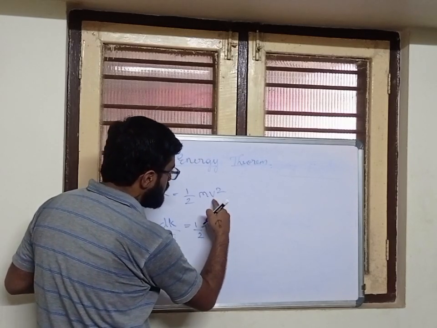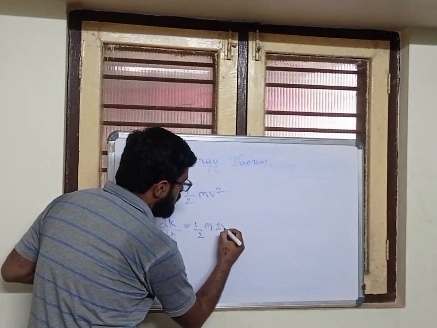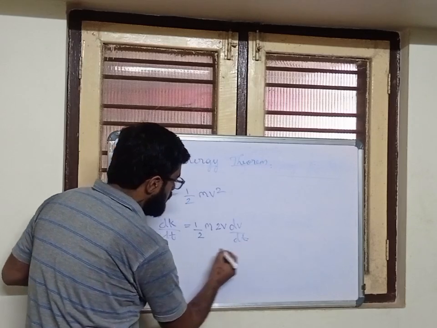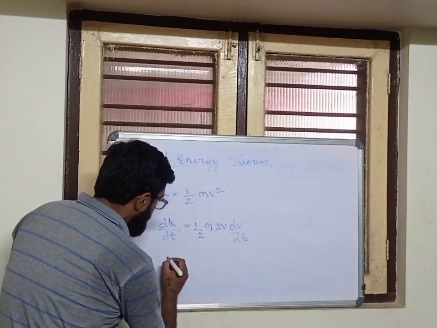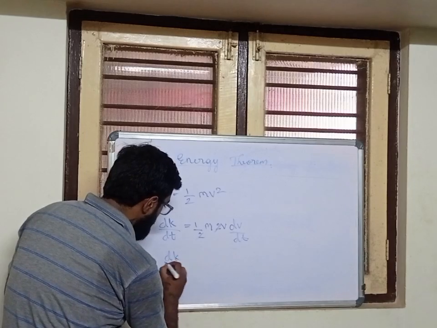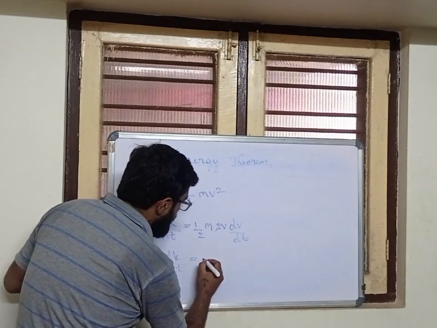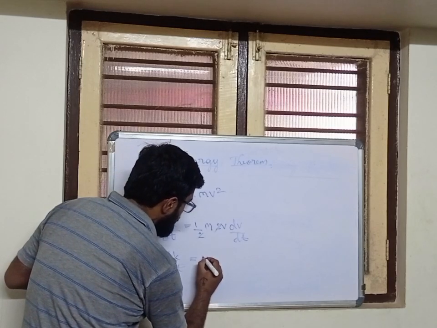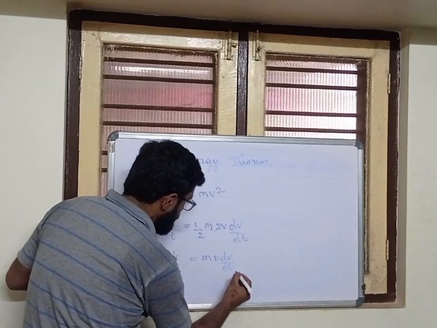We differentiate v square, 2v dv by dt. These two get cancelled. What remains? m v dv by dt.